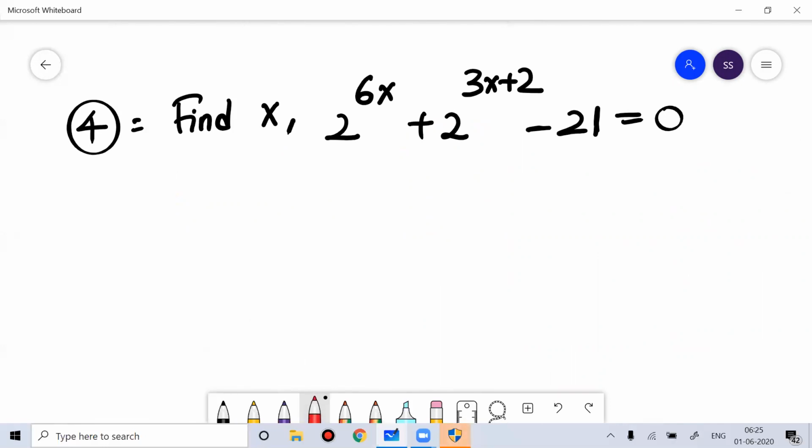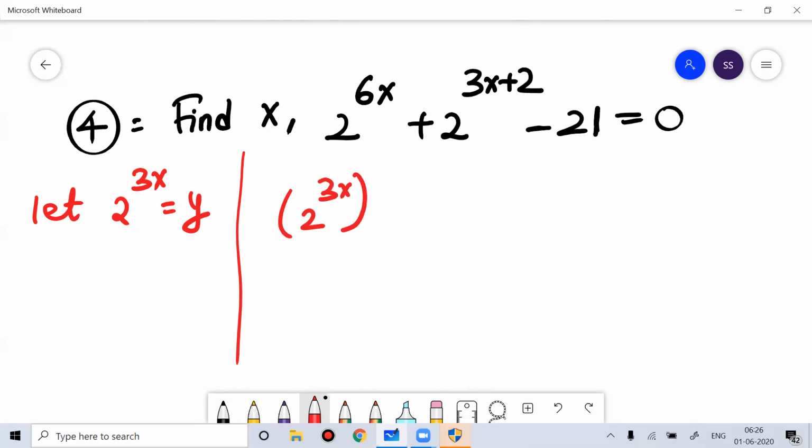So to do this question, I can assume let 2 to the power 3x is equal to y. If I do that, I can write (2 to the power 3x) whole square plus 2 to the power 3x into 2 to the power 2 minus 21 is equal to 0.